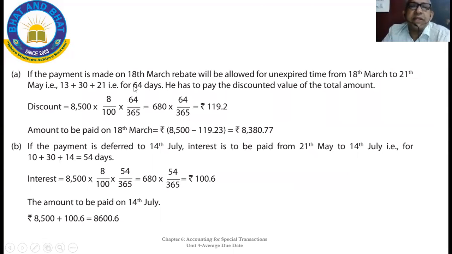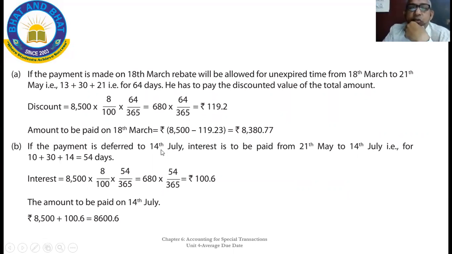Hence, if the payment is to be made on 18th of March, 21st of May is the average due date. If the payment is on 18th March, a rebate will come because it is before the average due date. That is why rebate.